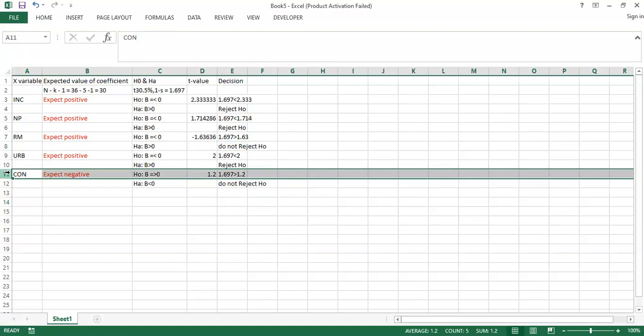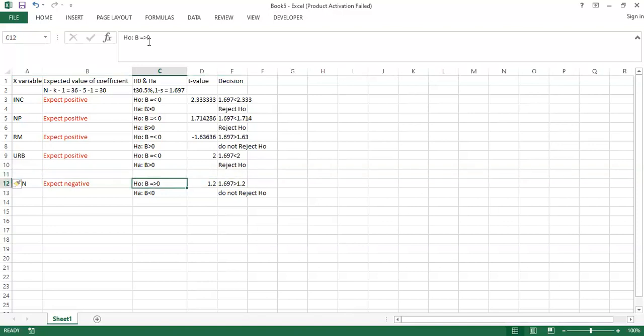Suppose now we want to do a two-directional test, right? So for a two-directional test, what would be our null hypothesis? Therefore, we are expecting that this is not equal to, right? So in this instance, we are simply going to be putting that equal sign and then canceling it there.